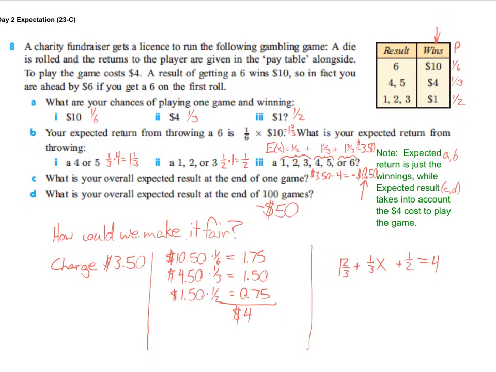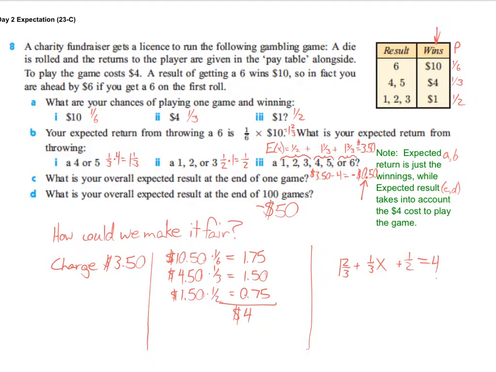We subtract the 1 2/3 and the 1 1/2. 1 2/3 plus a half is going to be 3/6 plus 4/6 is 7/6. So it'd be 2 1/6. Okay, so we subtract 2 1/6.